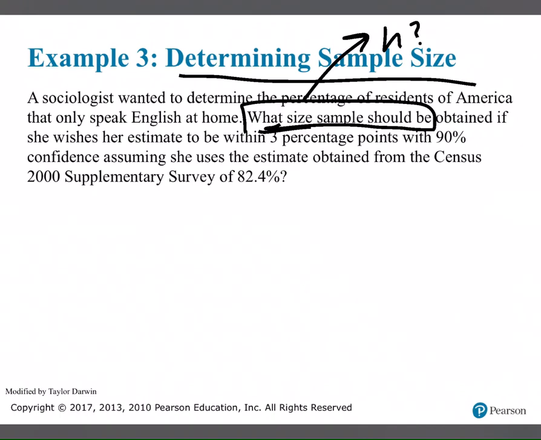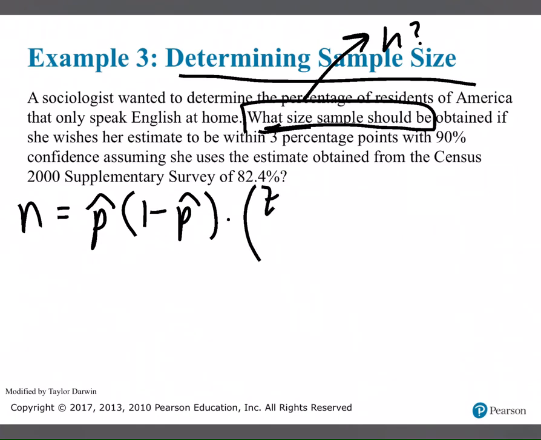And that formula is p hat times 1 minus p hat times z alpha divided by 2 over e squared. So first off, we've seen most of these except e, which is just your error. So let's go through here really quick and figure out what we know. If I'm given a percentage or a part out of a whole, that's going to be my p hat.